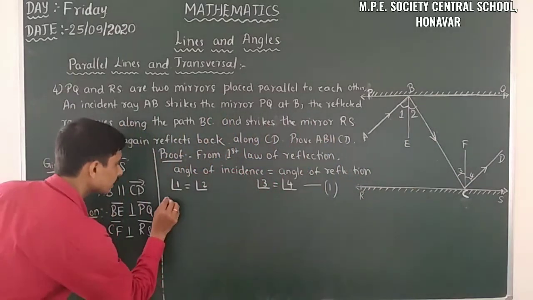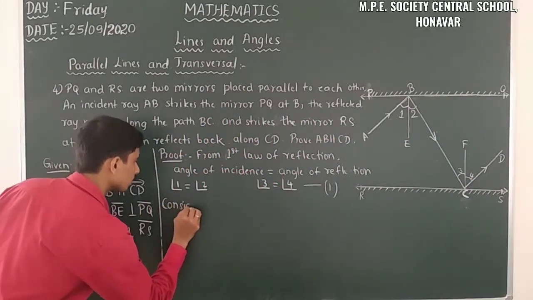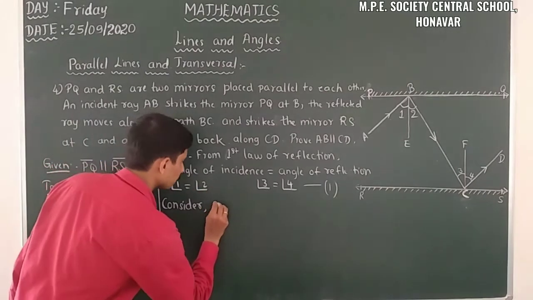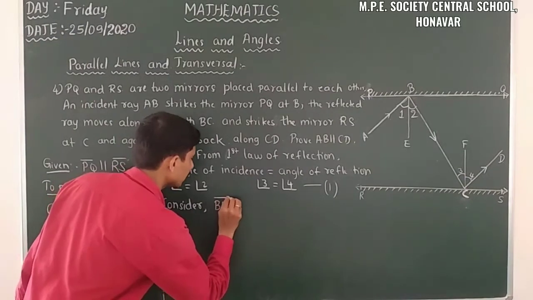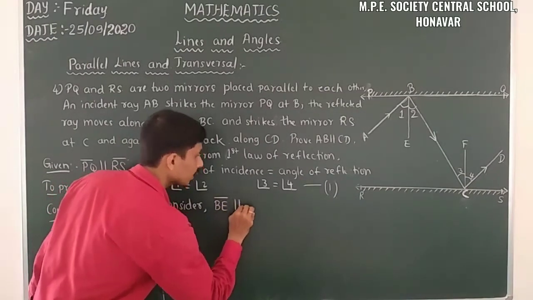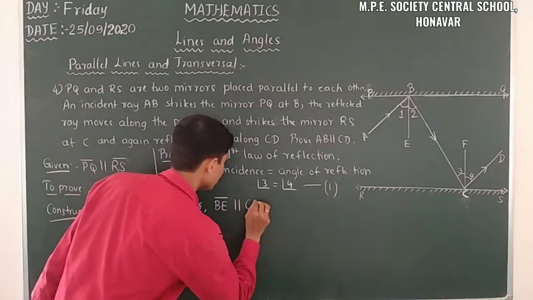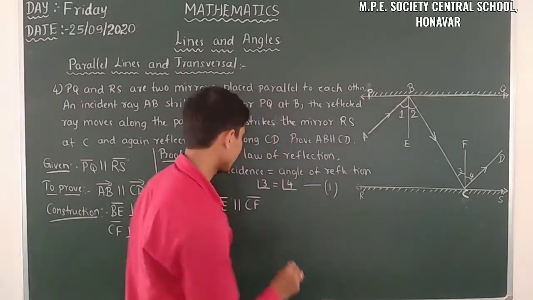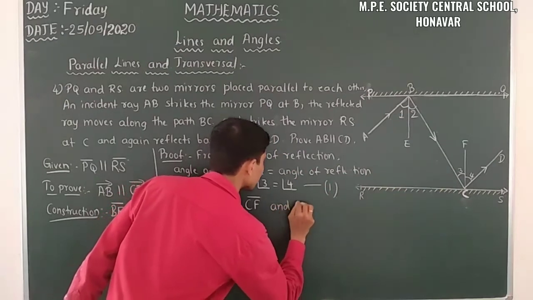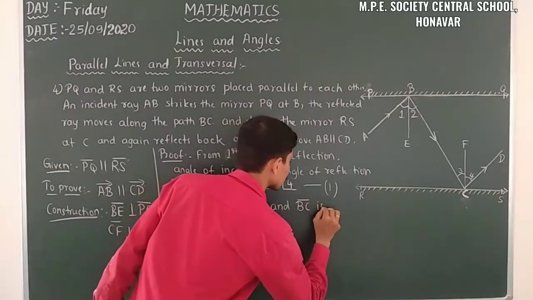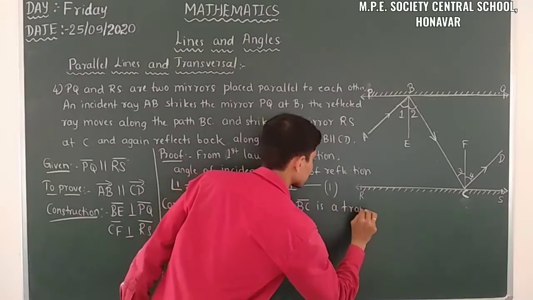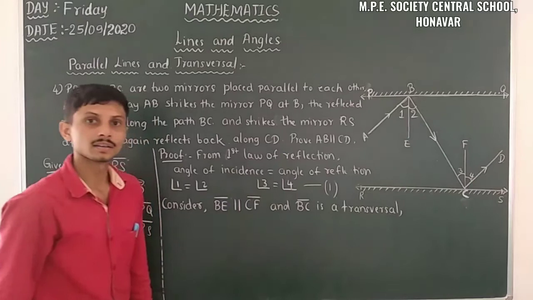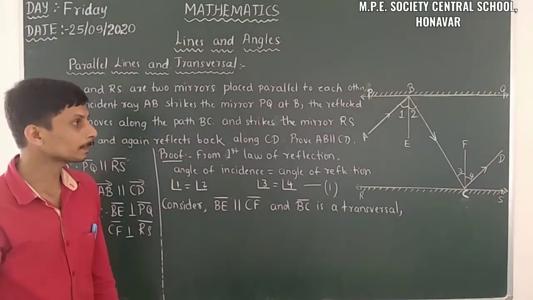Consider BE parallel to CF and BC is a transversal. Then what happens?